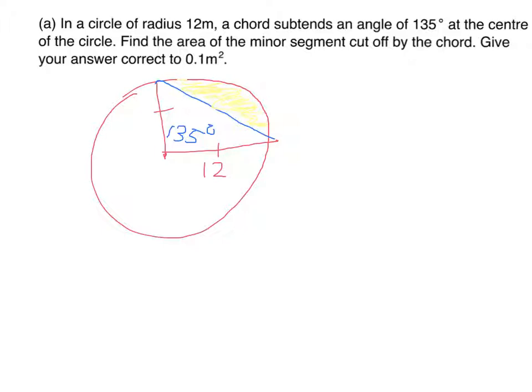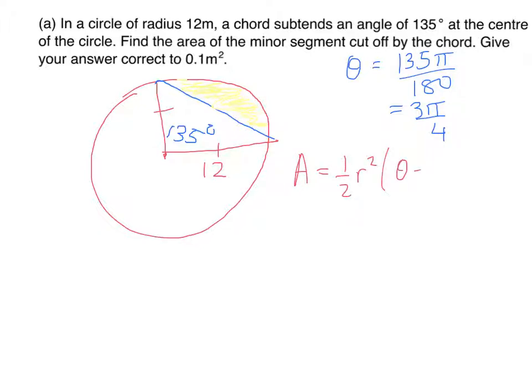Now remember we need our angle to be in radians. So let's change 135 degrees to radians, and we do that by multiplying by pi on 180, and that will simplify to 3 pi on 4. Now we can use our formula. The area of a segment is half r squared times theta minus sine theta.